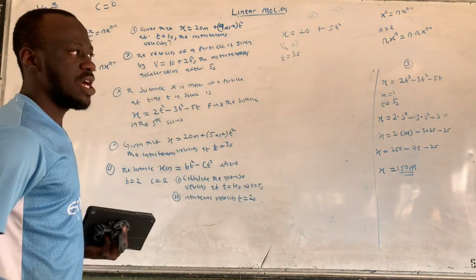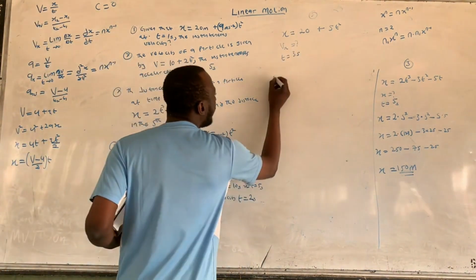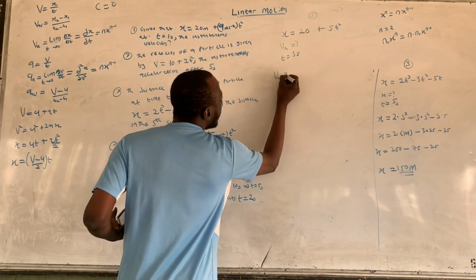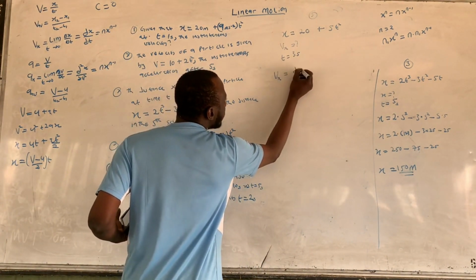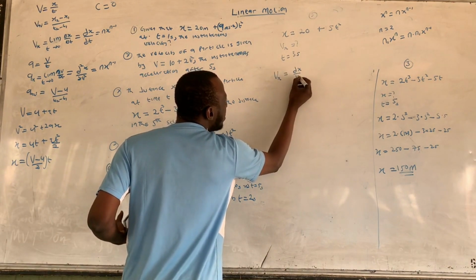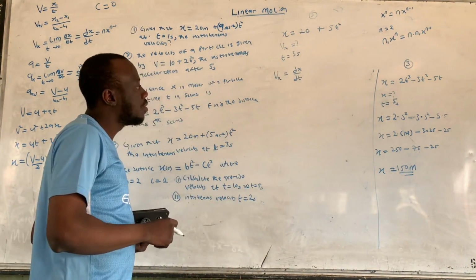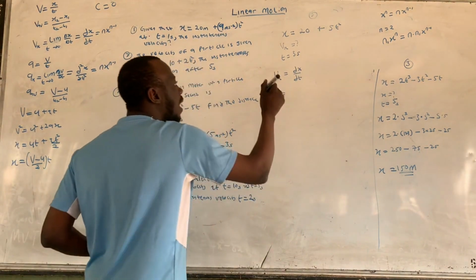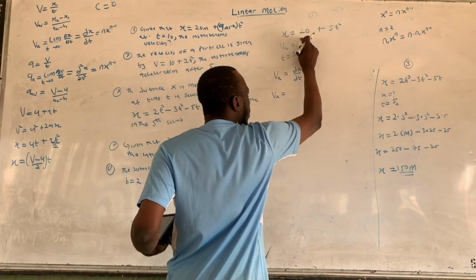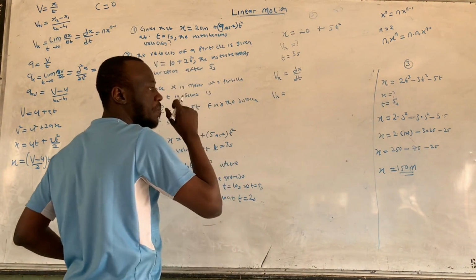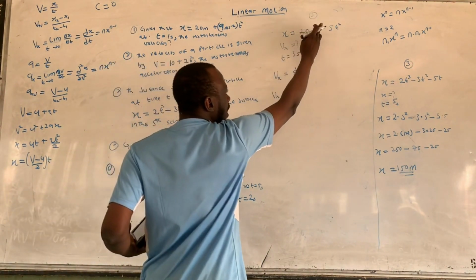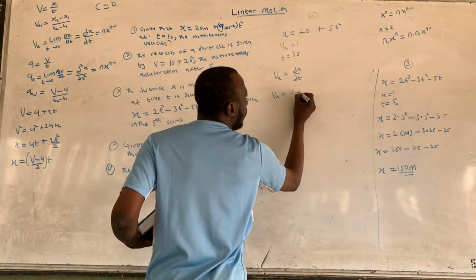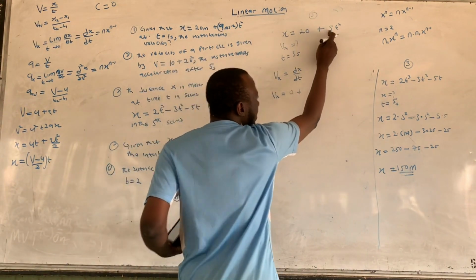So again, remember that the velocity Vx equals dx over dt. Vx here equals: remember, 20 is a constant, it will become 0, plus here 5 is like our n1.